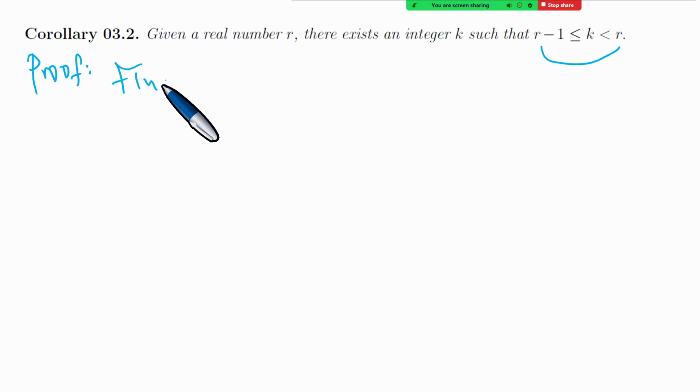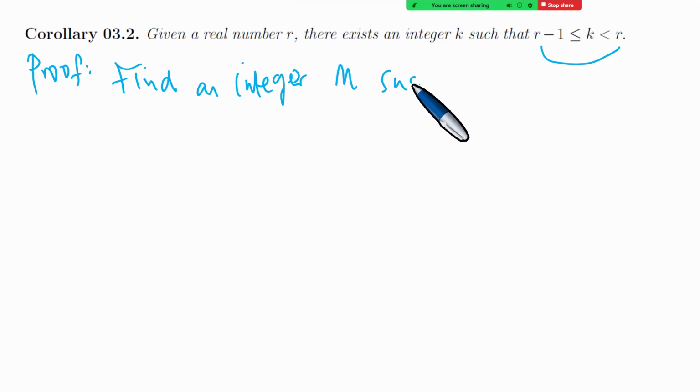To prove this, you need to find an integer m such that m is less than r, because we're starting with the real number r.